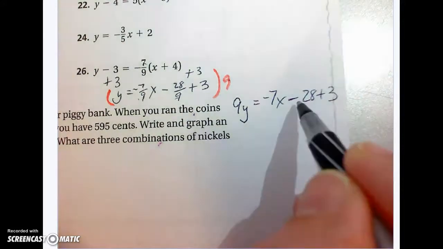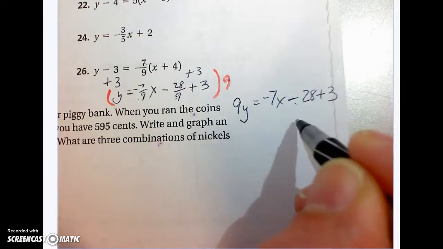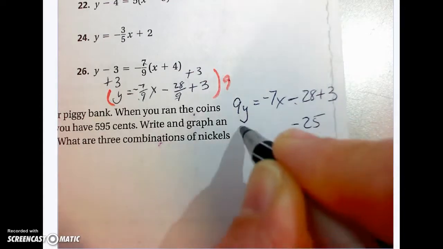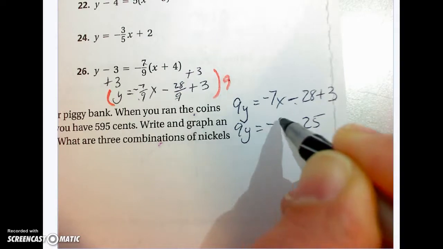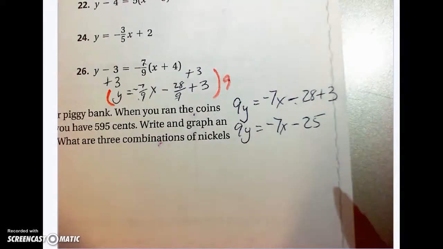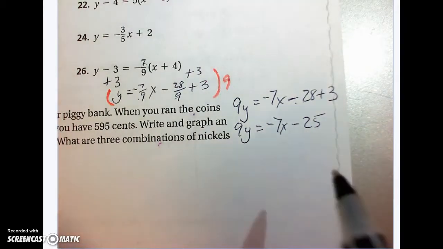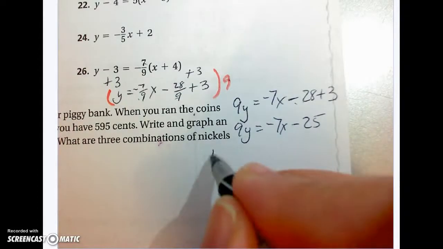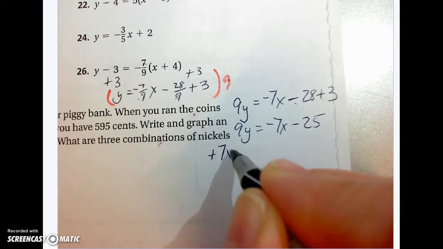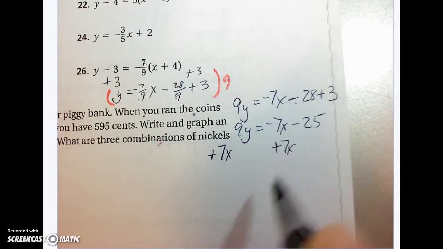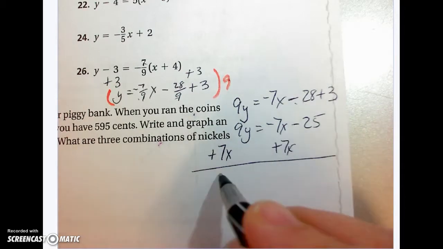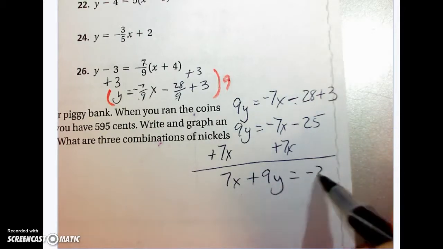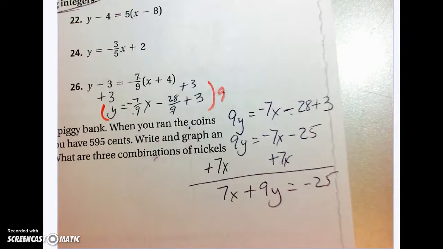So now I can combine these two, and I could see that's negative 25, and I need it in standard form, so I need x and y both on the same side. So I am going to add 7x to both sides. So I have 7x plus 9y equals negative 25. Now I'm in standard form.